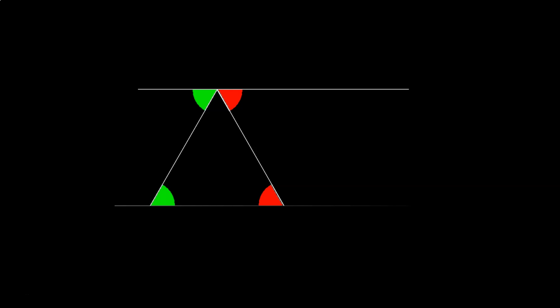So it makes sense that because this angle here is shared by the triangle and the straight line, if the rest of it's the same, it's going to have to be the same on both, which means that both must equal 180. So you can see it makes a straight line there as well.